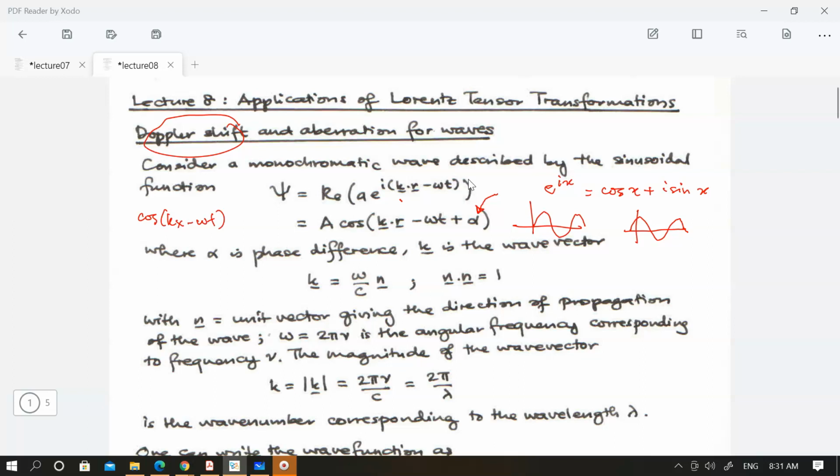So you write this as k dot r. Okay, and your k is essentially what is called the wave vector. Okay? So the wave vector essentially tells you how the wave is actually moving with respect to the x, y, and z axis. Okay? And normally one has a relationship for this k with this omega here.